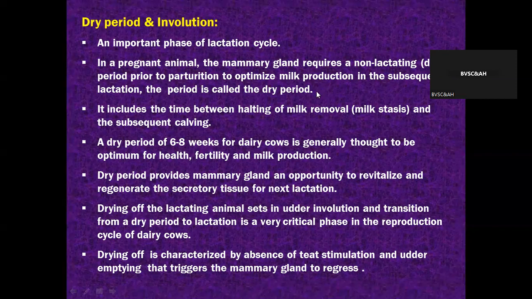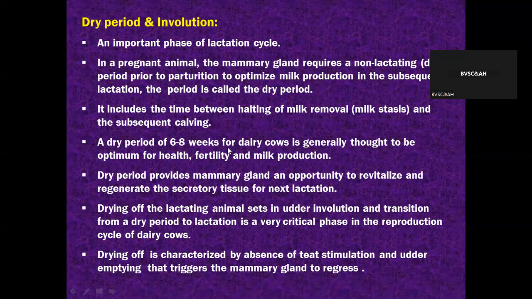In pregnant animals, the mammary gland requires a non-lactating, or dry, period prior to the next parturition to optimize milk production in the subsequent lactation. The period is called the dry period. So it is very important to make the animal dry before the next calving, before the next lactation. It includes the time between halting of milk removal, that's milk stasis, and subsequent calving.